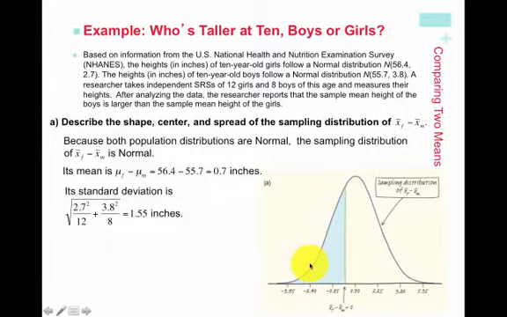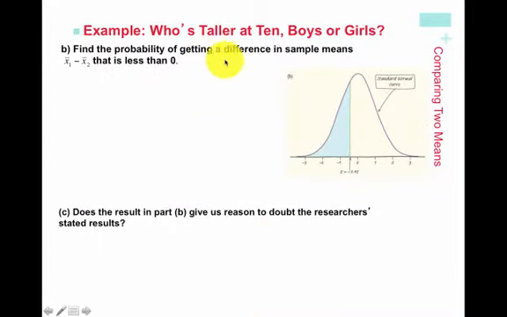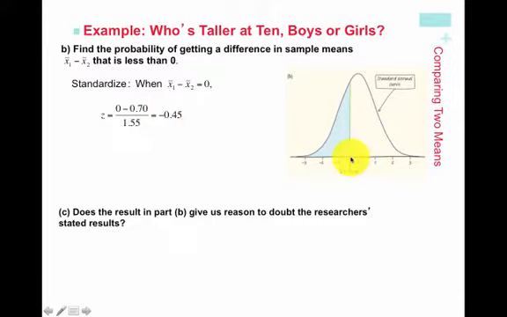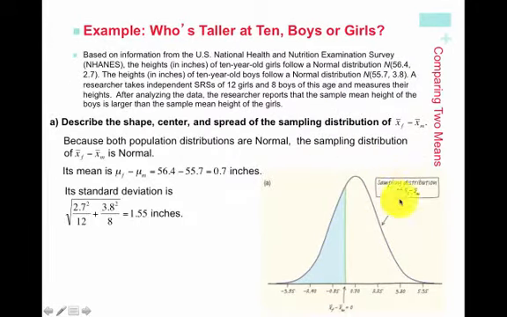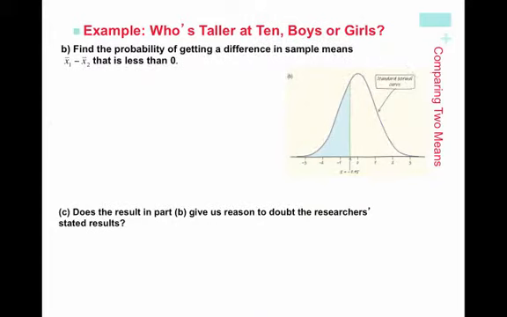And if I want to find the probability of getting a difference in sample means that is less than 0, we're looking at a bell curve like so, and we're finding a z-score of negative 0.45. This is where the difference is equal to 0. This is our z-score. If I go back to this picture, here's x f minus x m equals 0. Standardizing it, we get this picture.